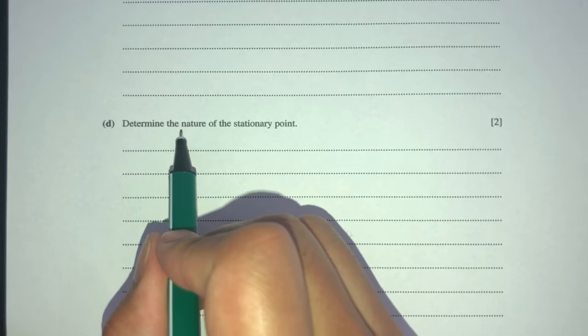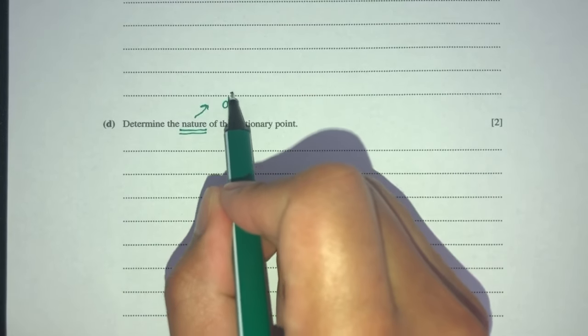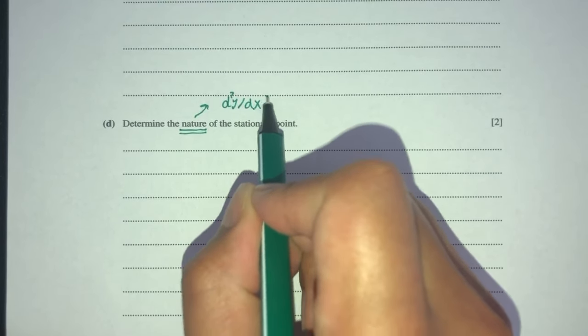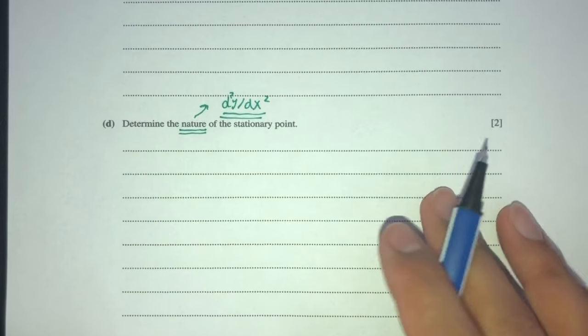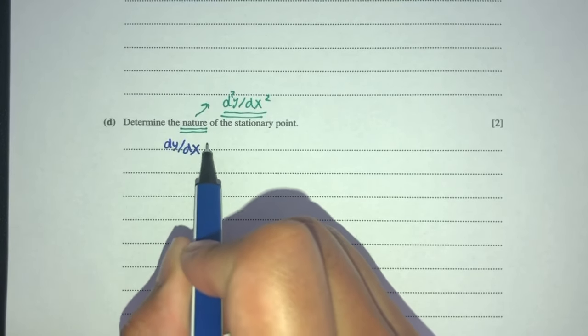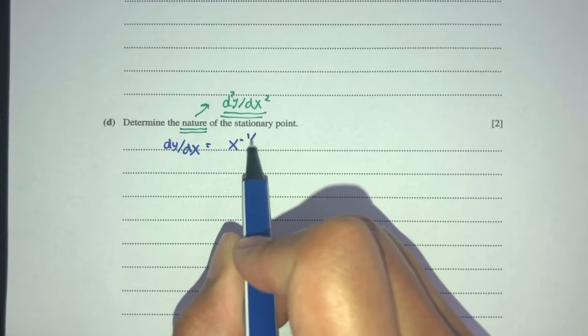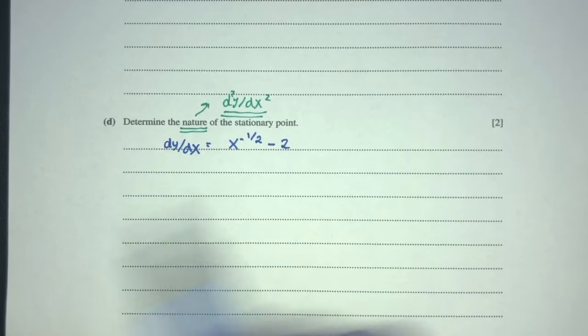Now for part D, we have to find the nature of this point. Whenever you have to find the nature, we have to find the second derivative, which is d2y by dx2. That's the concept behind this. We know already that dy by dx has been given to you by x power minus half, minus 2. So we have to differentiate one more time.